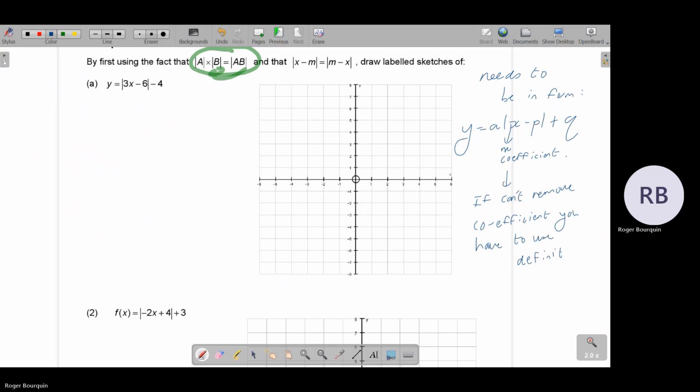The fact that the absolute value of A is equal to A if A is bigger than 0, like we did in the beginning. Okay, so we're going to first try to see if we can remove the coefficient by using this law or those laws over there.